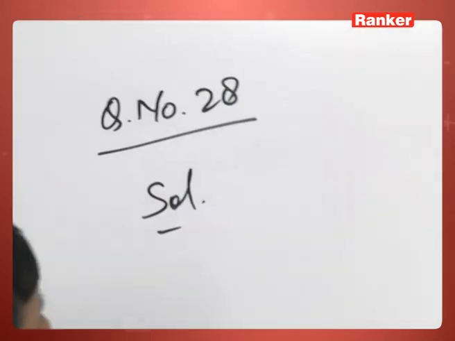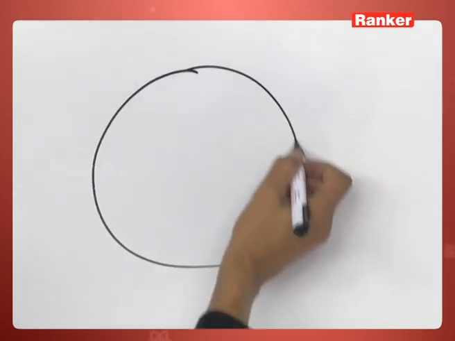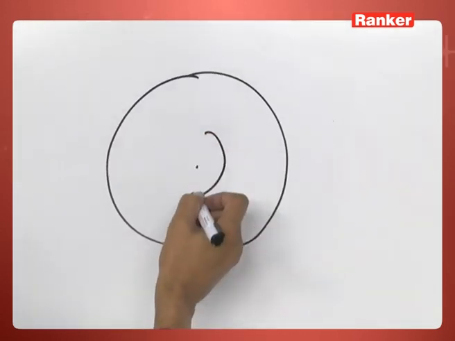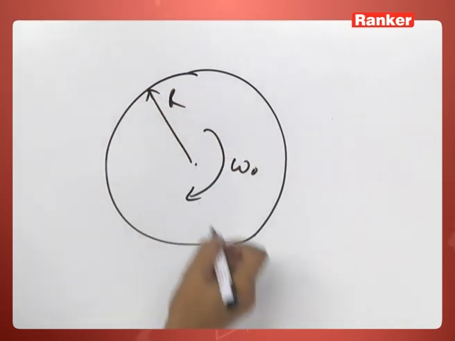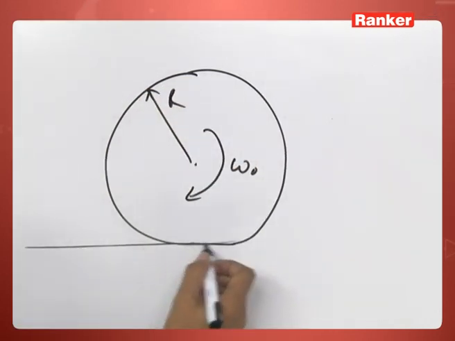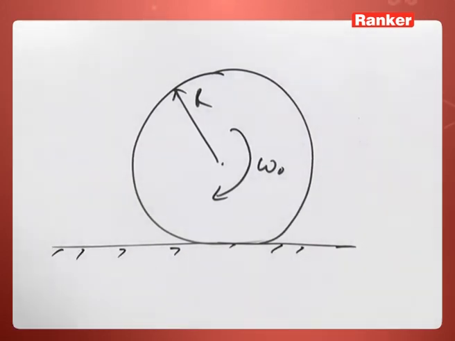So as per the question here, a disk which is spinning with angular velocity omega naught, r is the radius, is kept gently on a rough surface.